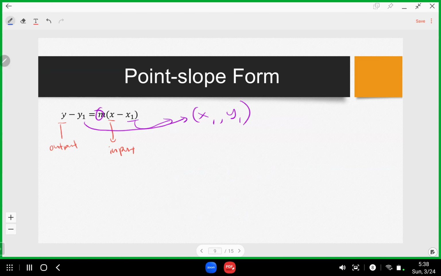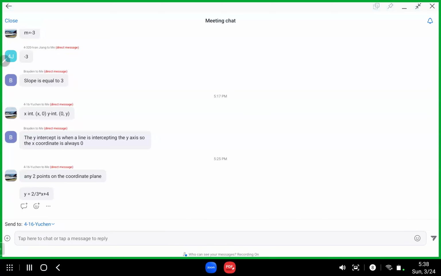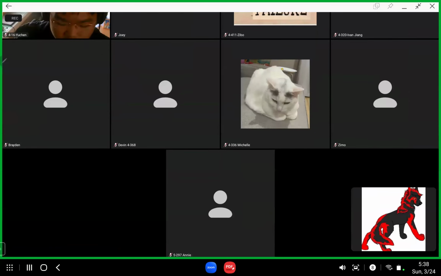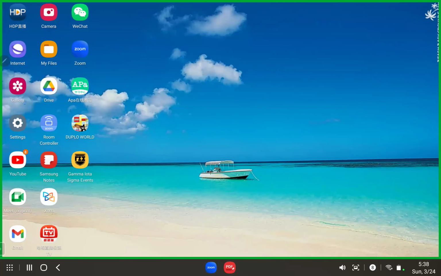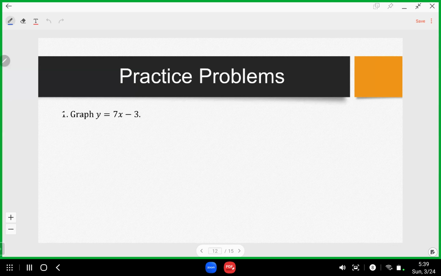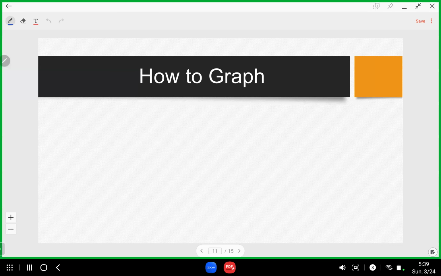are there any questions on that? If there are no questions, then I will continue on how to graph. I already talked about that. So again, I would recommend using the slope intercept form. So don't waste your time.